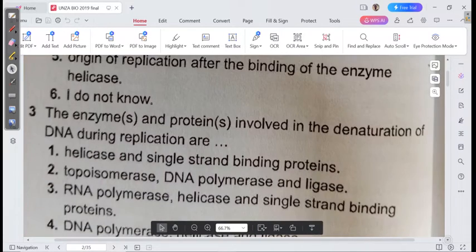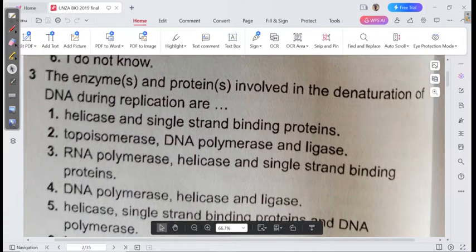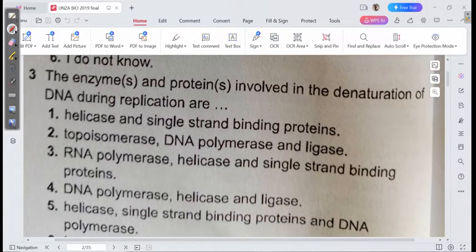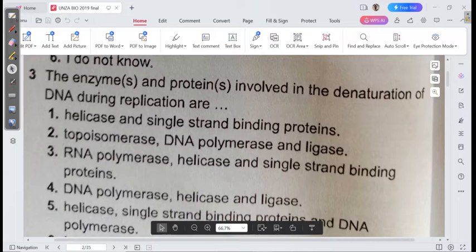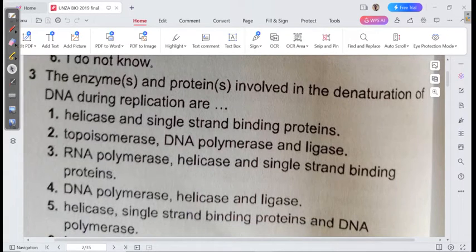The enzyme or enzymes and protein or proteins involved in the denaturation of DNA during replication are: Option 1, helicase and single-stranded binding proteins. 2 is saying topoisomerase, DNA polymerase, and ligase. 3 is saying RNA polymerase, helicase, and single-stranded binding proteins.